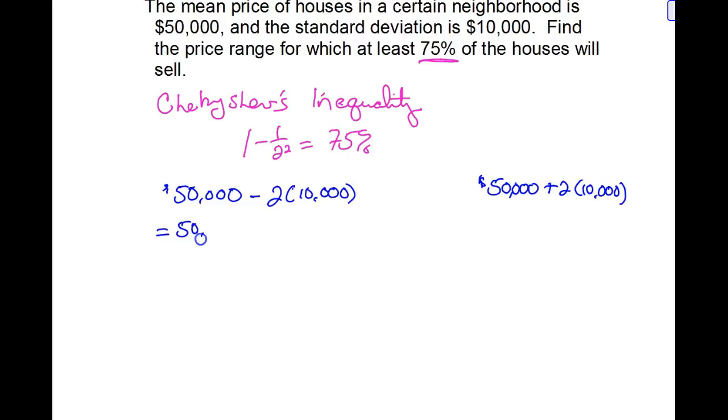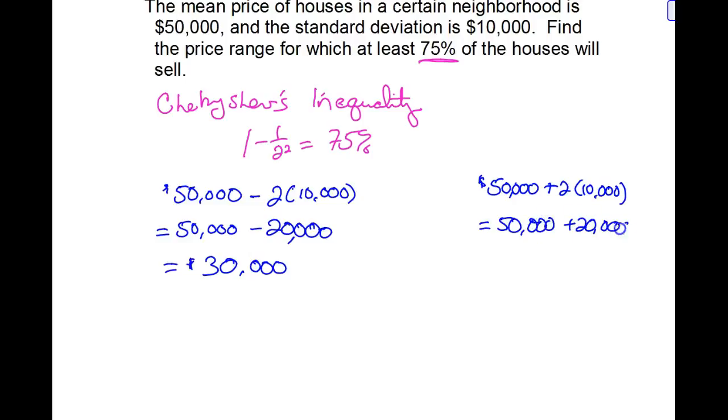On the lower end, we get $50,000 minus $20,000. That's going to leave us with $30,000 for the lowest part of the range. Here we have $50,000 plus $20,000, so that's going to leave me with $70,000 on the upper end of the range.